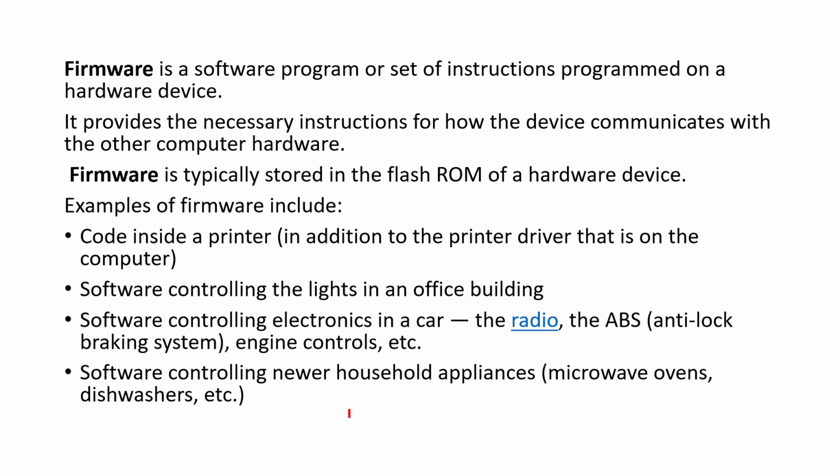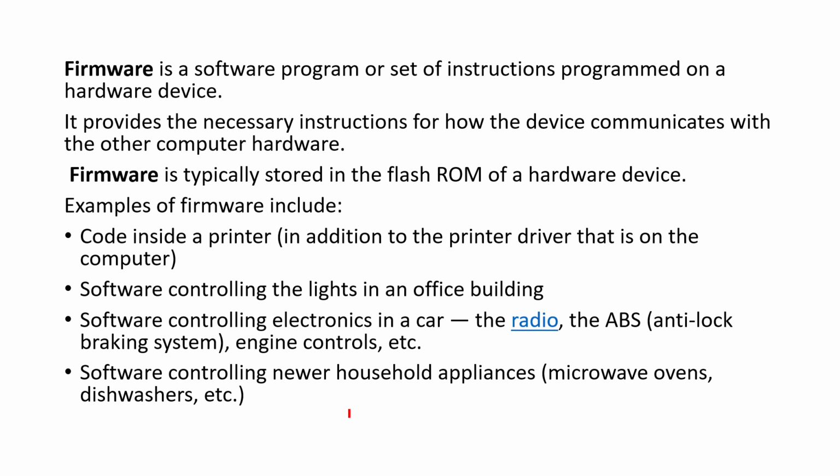Now sometimes there is a software for controlling the lights of the office. So lights, if we see the outer portion or the physical portion of the light, it is hardware. And when we talk about the electricity, it comes under the software.